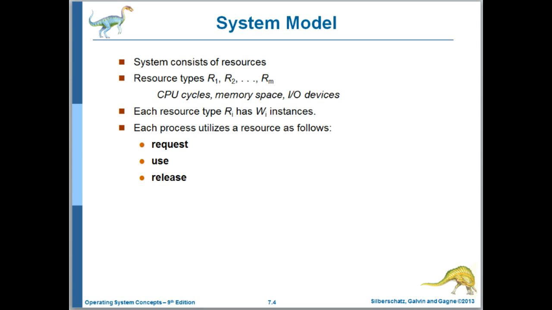So the resource types you can see there are R sub 1 through R sub M, and we're assuming that we have W sub 1 through W sub N instances of each resource type, and we assume that the way a process uses a resource is to request it, use it, and then release it. And a process can hold several instances of resources of various types.